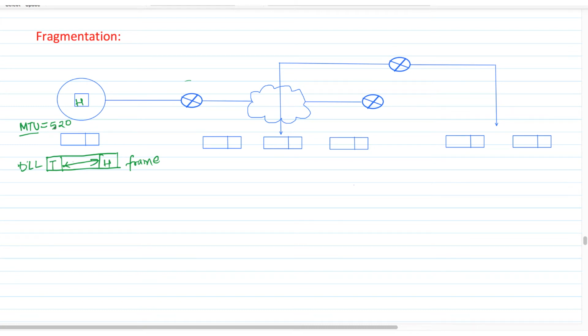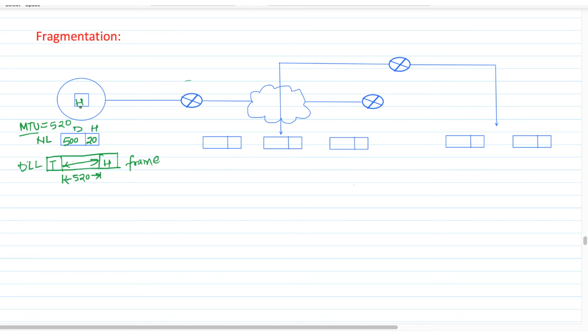So MTU is given as 520. At the data link layer, if data size is 520, it means at the network layer, out of this 520, 20 bytes are for the header and 500 bytes are for data.